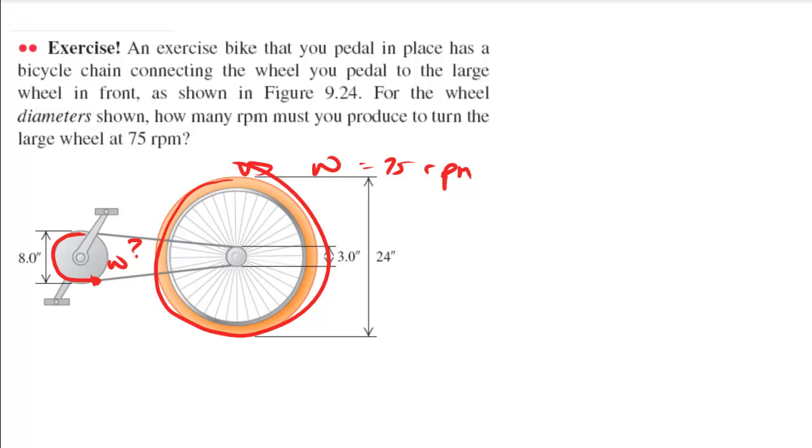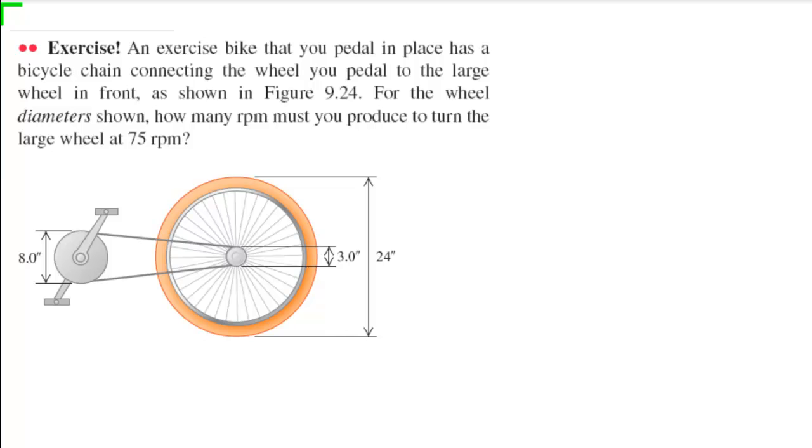So the first thing that we need to note in order to solve this is we note that this little 3-inch wheel right here, this 3-inch diameter, is connected rigidly with this wheel here, and so they both have the same rotational speed.